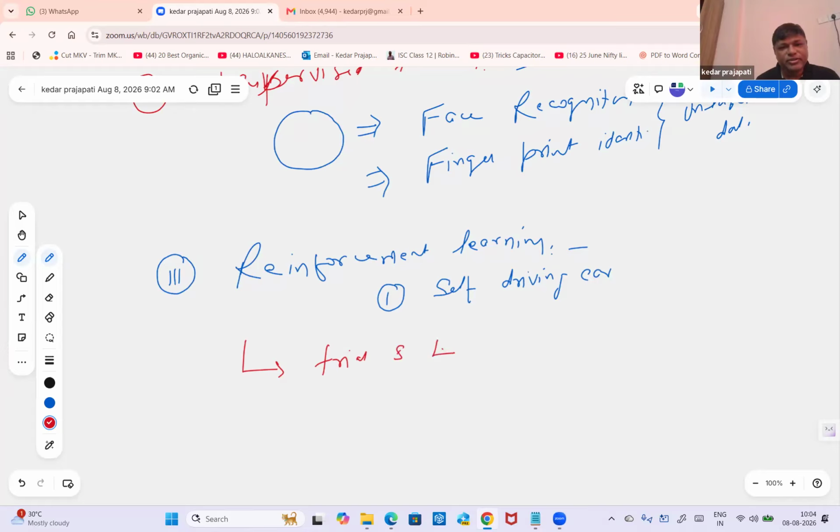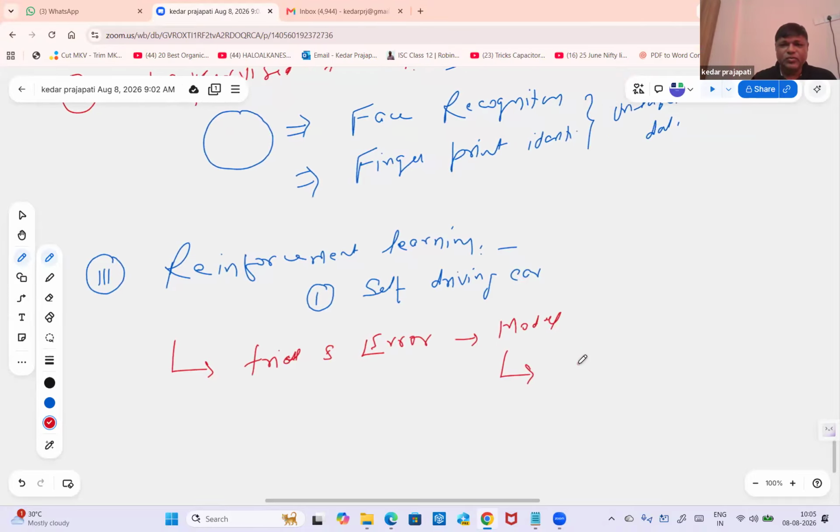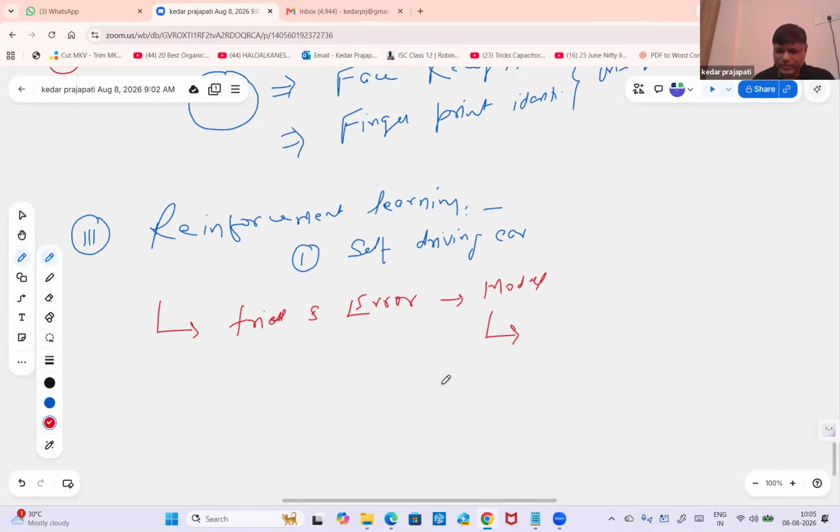This is very good for all kinds of human-like work. Basically, you created a model and gave it a set of instructions. Suppose a self-driving car is there.